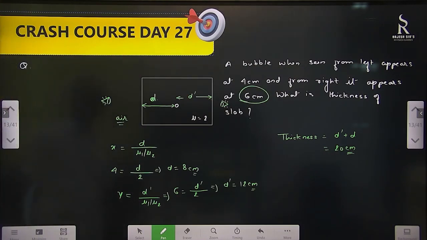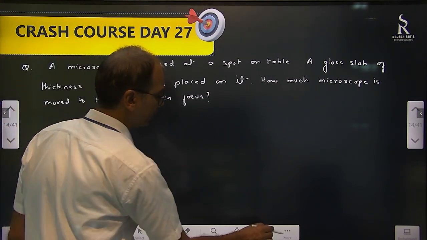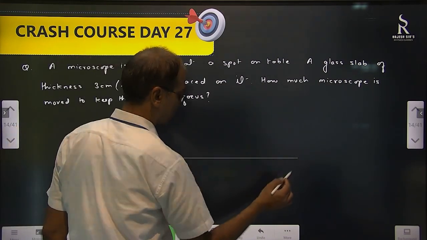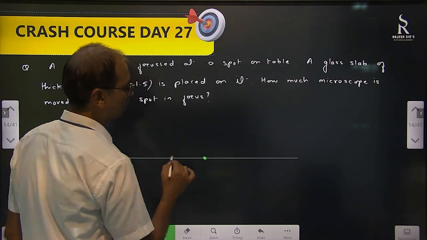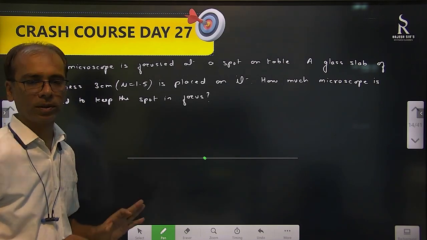Right? Okay. A microscope is focused at a spot on the table. A glass slab of thickness 3 centimeters is placed on it. How much should the microscope be moved to keep the spot in focus? Okay, fine. So this is the table, and this is the spot. Microscope is focused on this one.